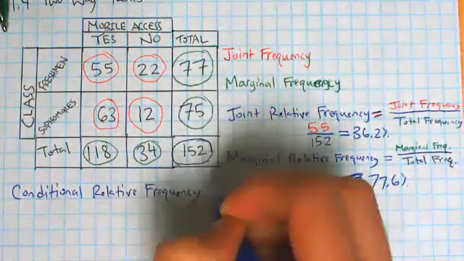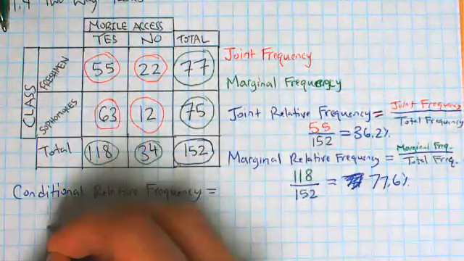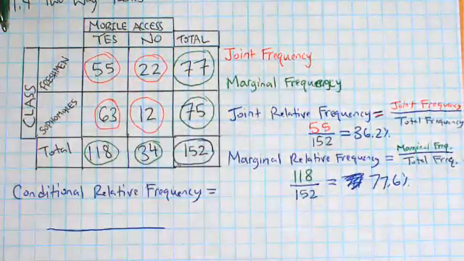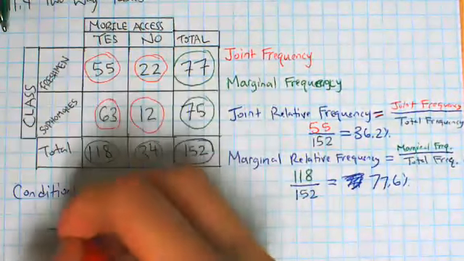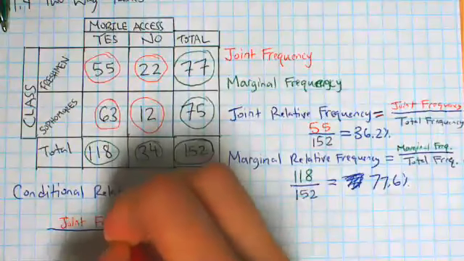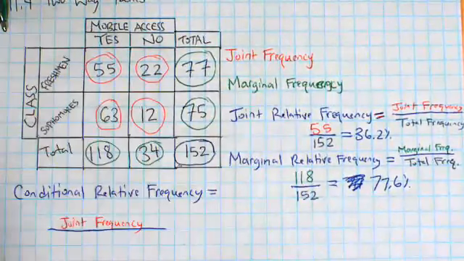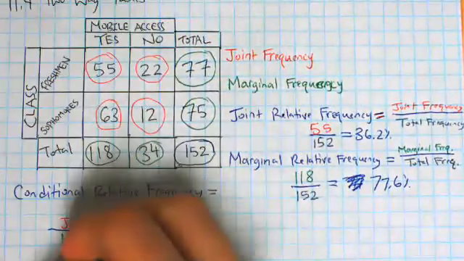So a conditional relative frequency is equal to a joint frequency divided by a marginal frequency.